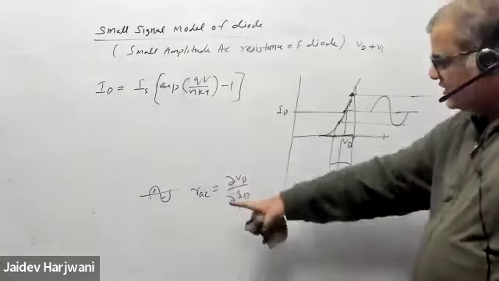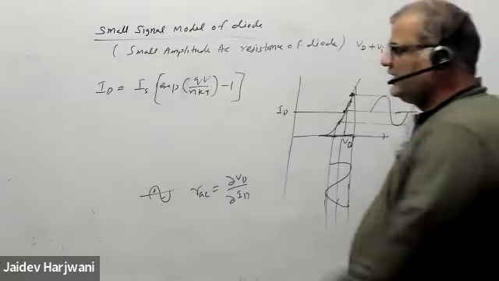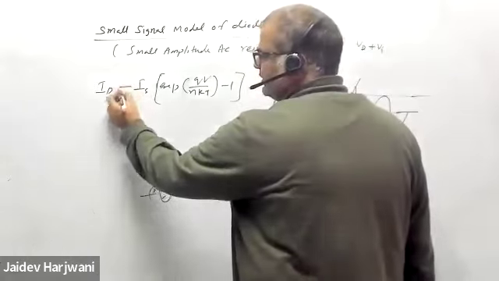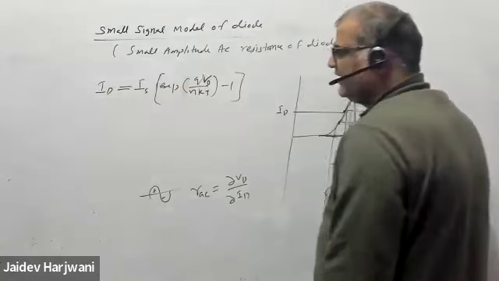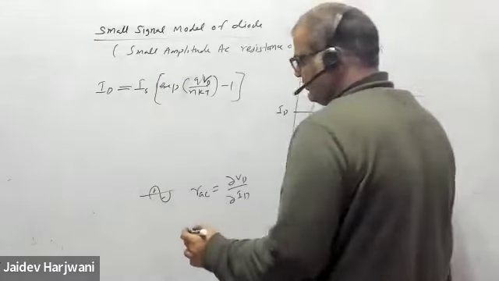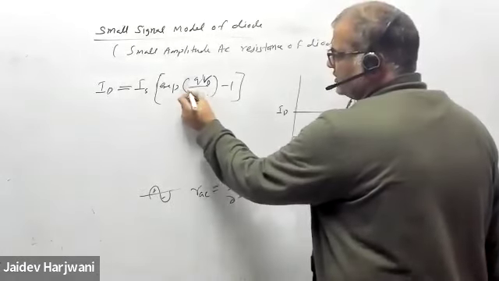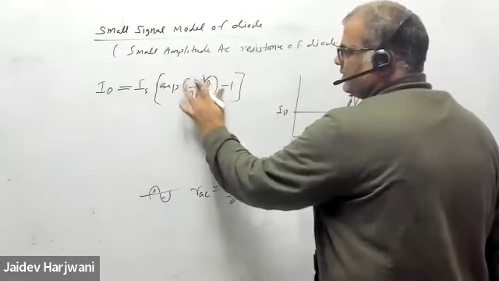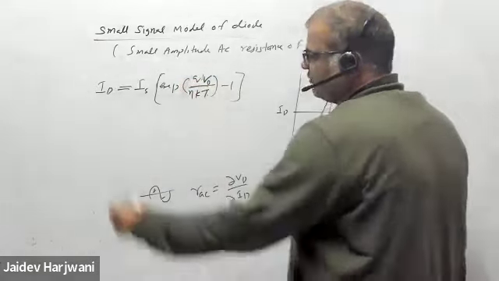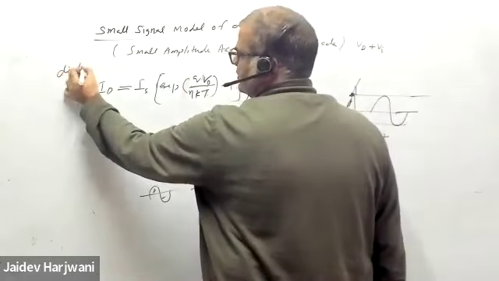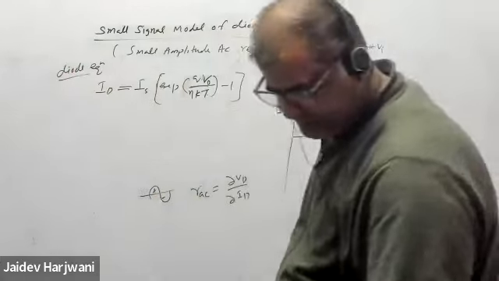Just differentiate this equation and find the AC resistance value, how much is coming. This ID current is flowing in the circuit. You're applying some voltage VD here, and a current ID is flowing. This is the diode equation, with QVD upon eta KT.